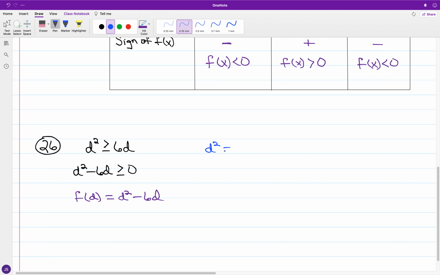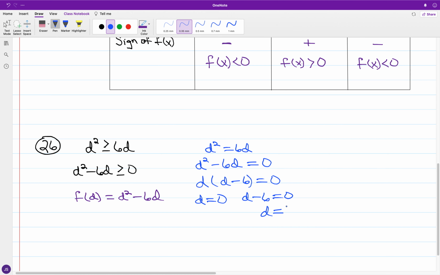Again, if I had d squared is equal to 6 times d, and I expressed this quadratic equation in standard form, I have d squared minus 6 times d is equal to 0, and looking at factoring, I have d times the quantity of d minus 6 is equal to 0, so I have d is equal to 0, and for d minus 6 is equal to 0, I have that d is equal to 6.